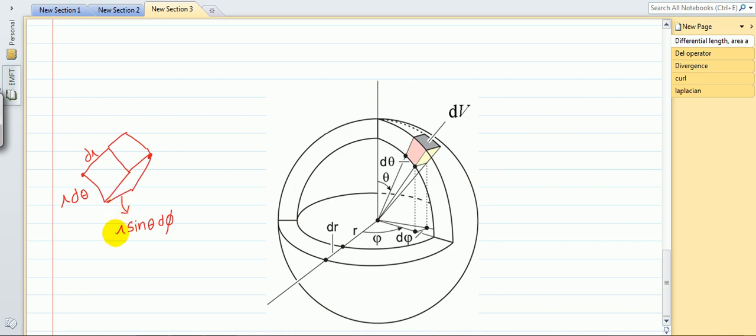So rho was r sine theta, so here it will be r sine theta d phi. And then I will change the radius, so it will be dr. So the differential length in the spherical coordinate system can be written as dr ar cap plus r d theta a theta cap plus r sine theta d phi a phi cap. This is the differential length in the spherical coordinate system.